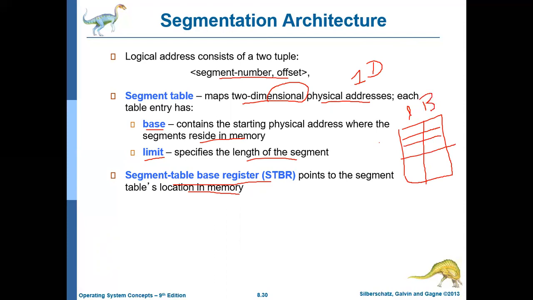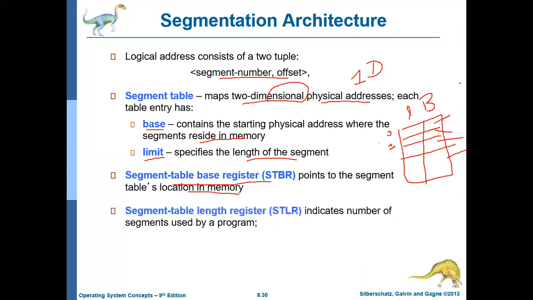Every second column entry is a segment table base register for a particular segment. So this is the segment table base register for the 0th segment, and this is the segment table base register for the first segment. This points to the particular segment's starting location.